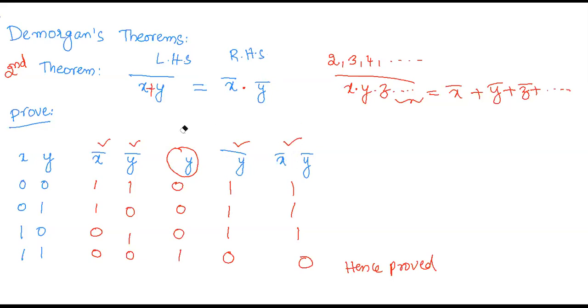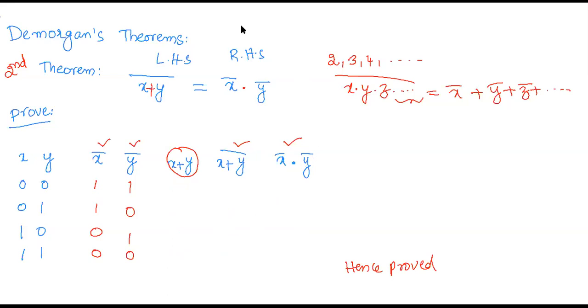So it is x plus y, x plus y bar, x bar dot y bar. Now try to prove x plus y bar is equal to x bar dot y bar.